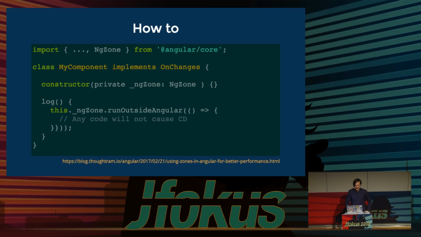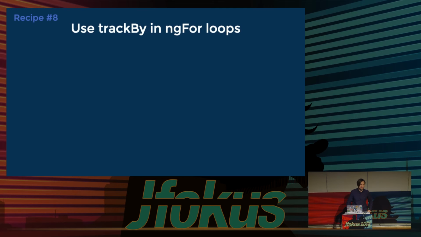Nice. And our last recipe for today is about reducing the number of DOM re-rendering events. We all have lots of ngFor loops in the apps, and we know, on the other hand, that these manipulations are quite expensive in terms of performance.